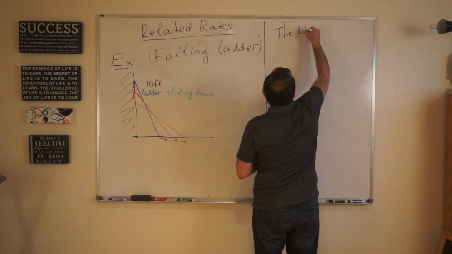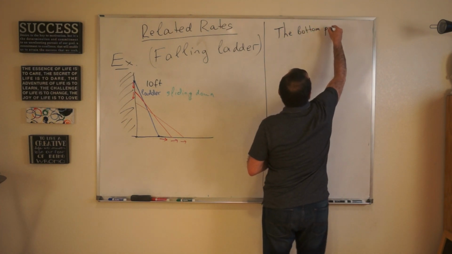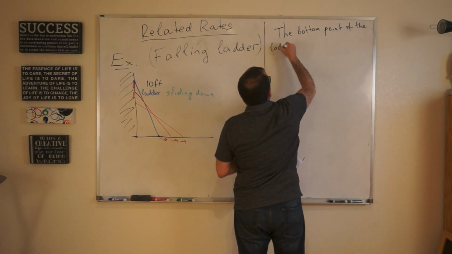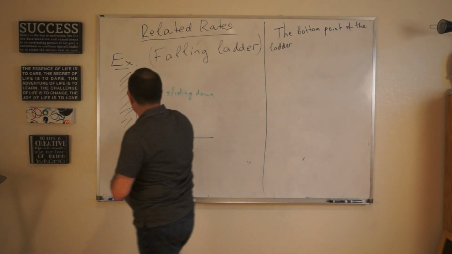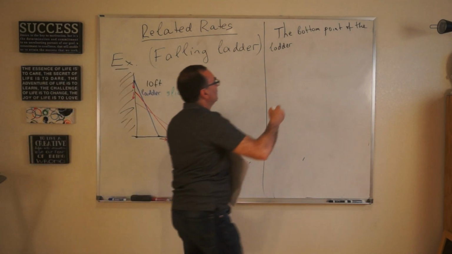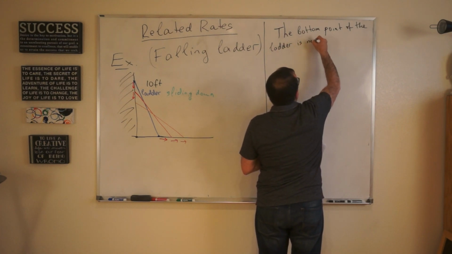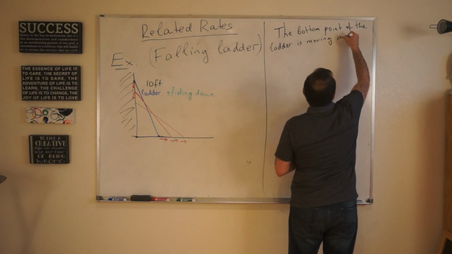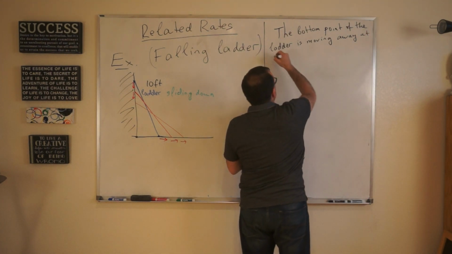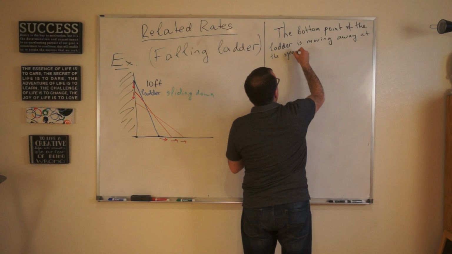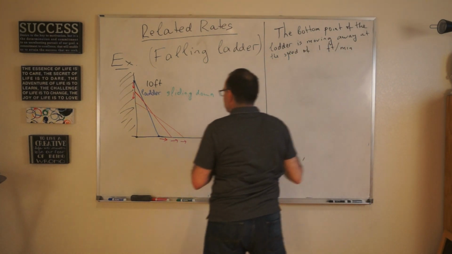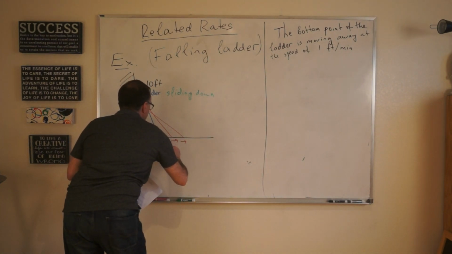Now the bottom point of the ladder is moving away from the building at a constant speed, at the speed of 1 foot per minute. So this speed here is 1 foot per minute.